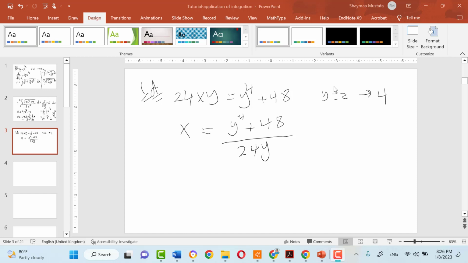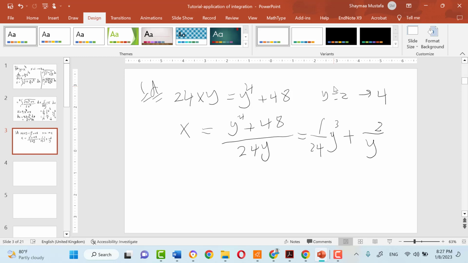And this one will be equal to 1 over 24 y cubed plus 48 over 24, which is 2 over y.